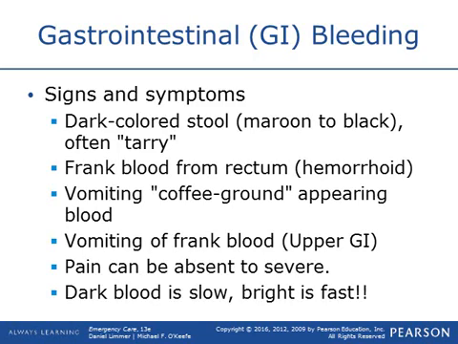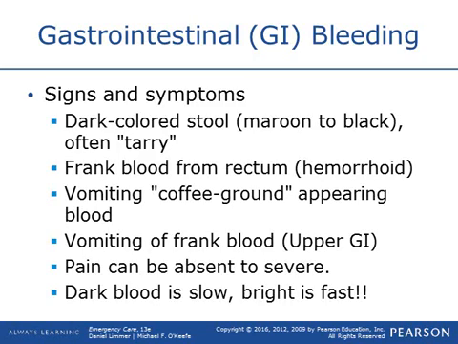If they're vomiting coffee ground like stuff, it's going to look like that dark blood. So the blood's been in the tract for a while, and now they're puking it all up, so it's dark colored upper GI stuff. Or if they're vomiting frank blood, again, upper GI. So if it comes out of the mouth, upper GI bleeding. If it comes out of the butt, it's lower GI bleeding.